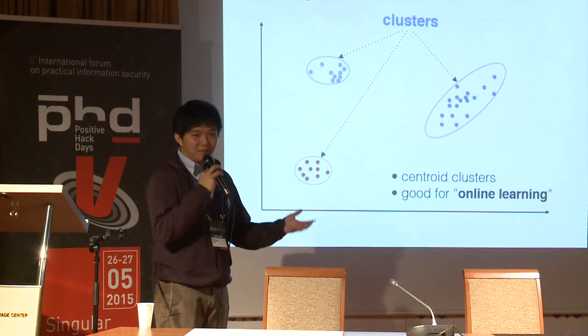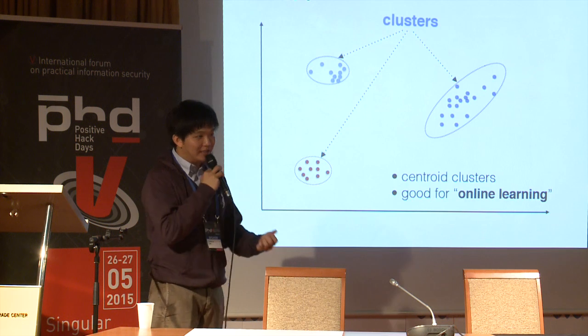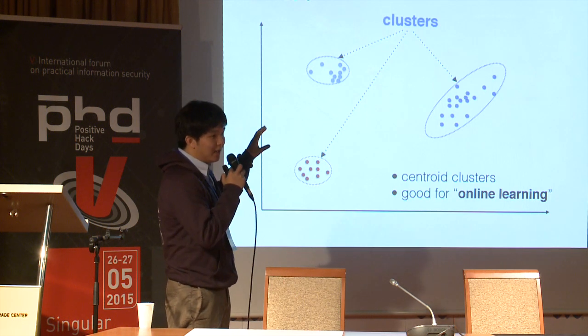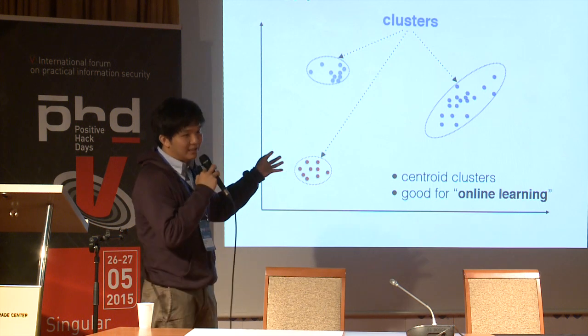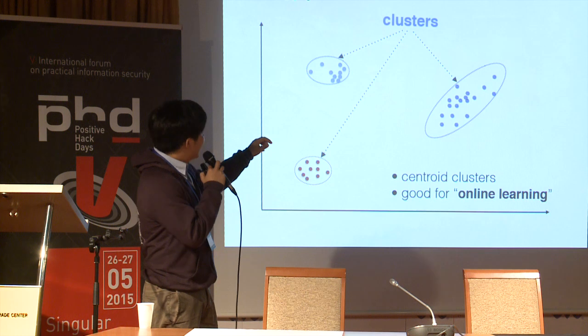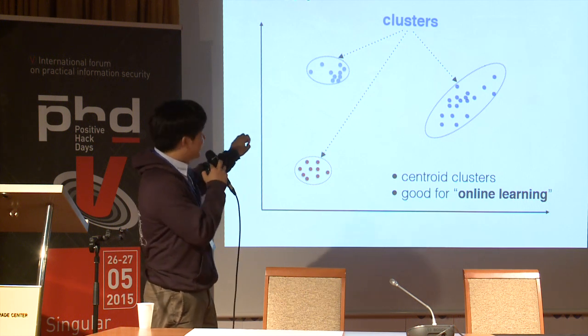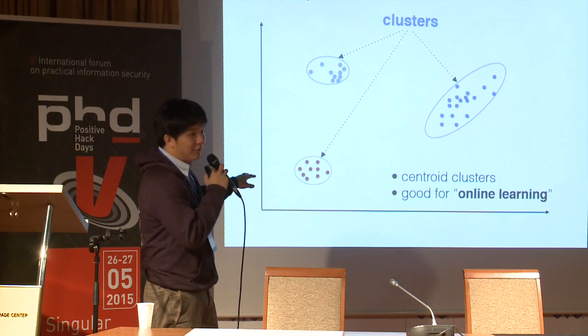I'll just briefly talk about clustering in case some of you in the crowd are unfamiliar. Clustering is basically when you have a set of data points and you plot them onto a k-dimensional space. In this example, it's simple. It's a two-dimensional space. You plot the points, and then you basically form clusters. I've colored the points in this diagram blue, purple, and red.